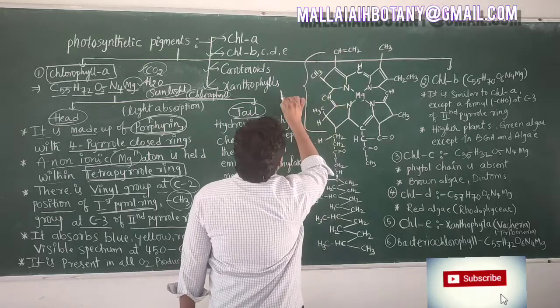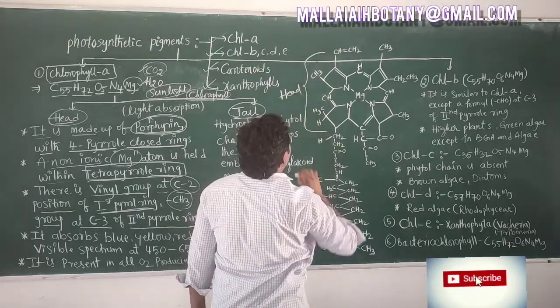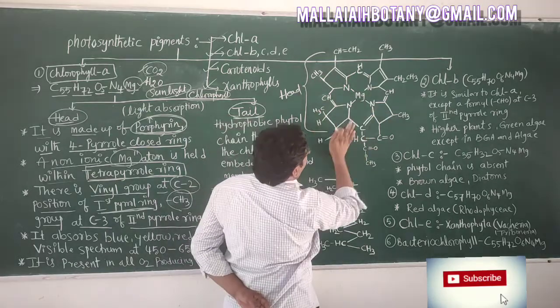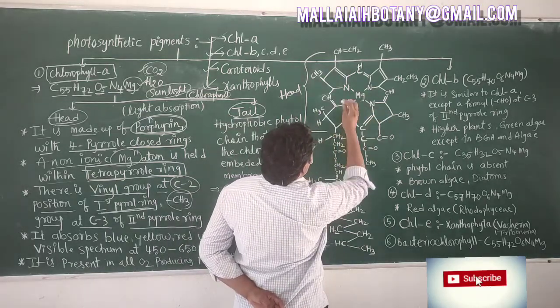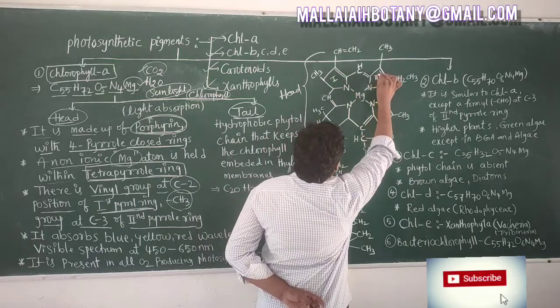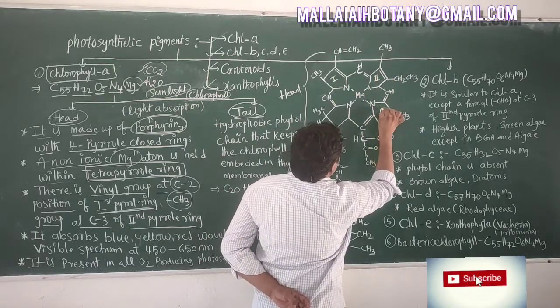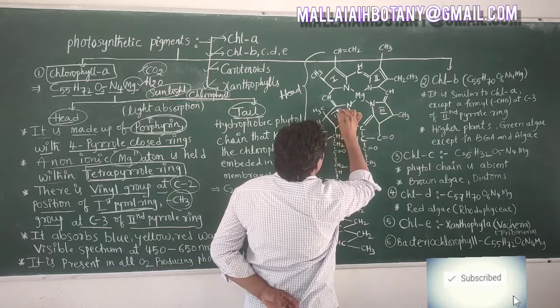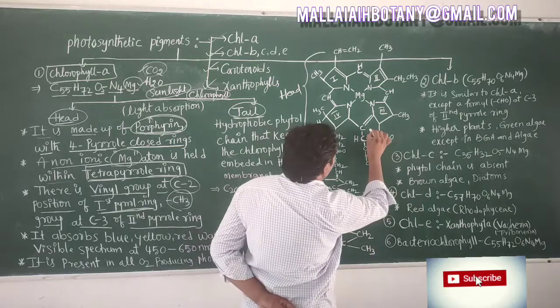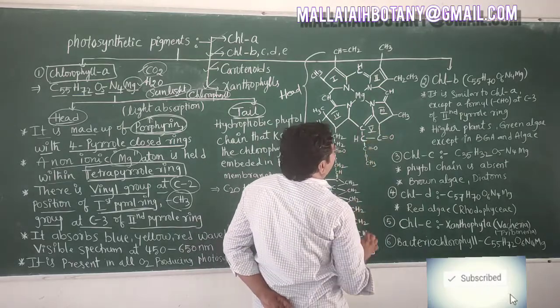This part is the head, called the porphyrin ring. In this porphyrin ring, 4 pyrrole rings are there: this is the first ring, the second, the third, and the fourth pyrrole ring. And one more ring is there, called the fifth cyclopentanone ring.